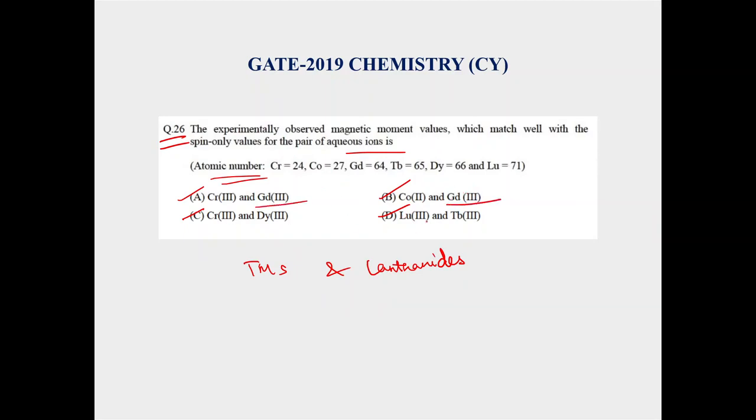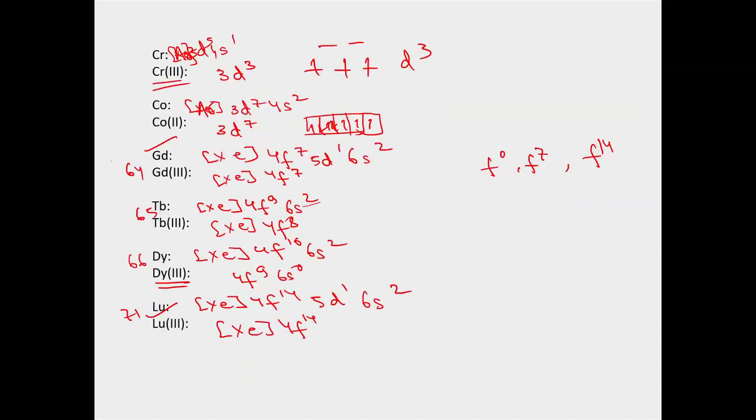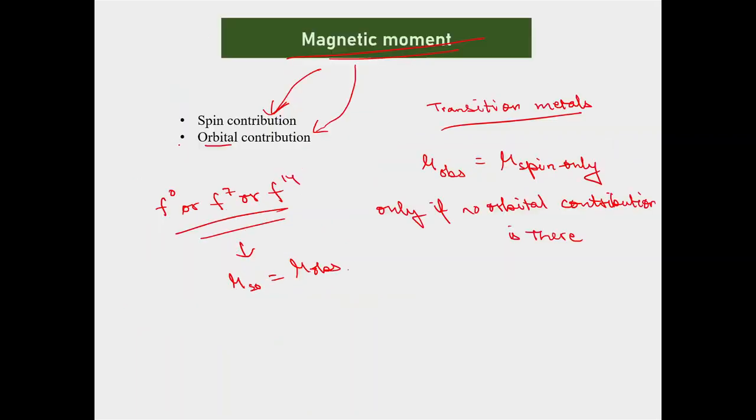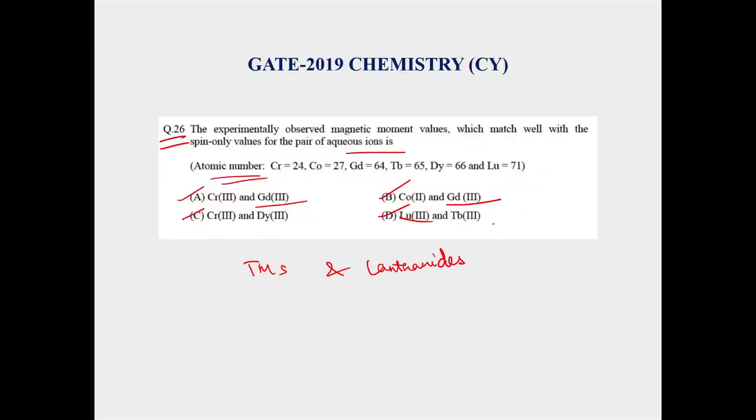These are present in these three options. The next thing is terbium, cobalt or chromium. Terbium is 4f8, so it won't be the case. So this is cancelled. And cobalt 2+ means d7, this also won't be the answer.